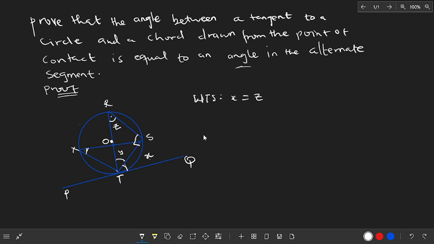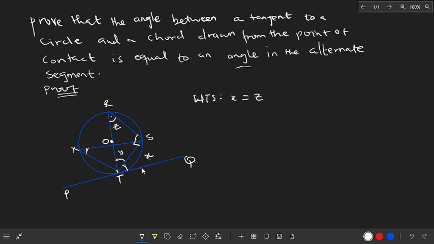Right. Now before we continue, let's look at something here. This place is forming an angle, right? So this y plus x will give you a particular angle between the diameter here and the tangent.